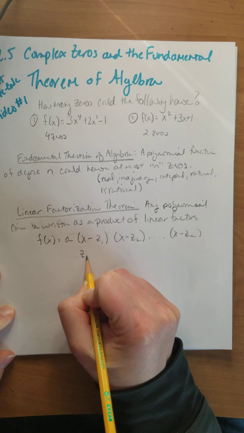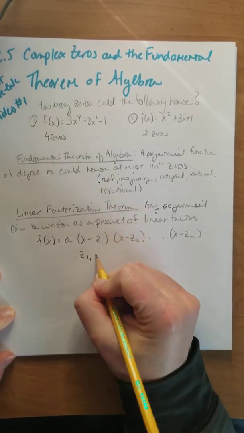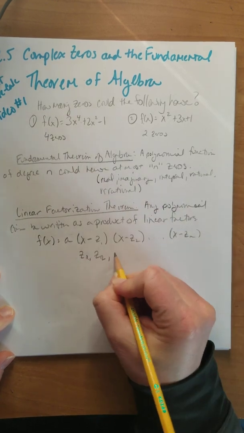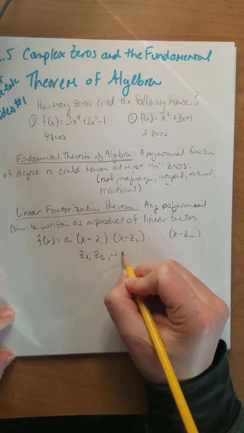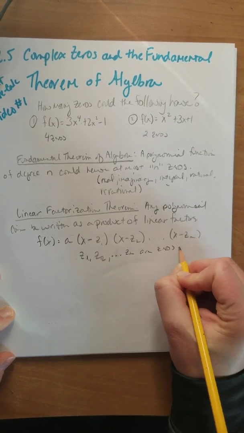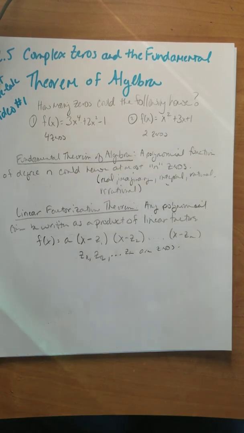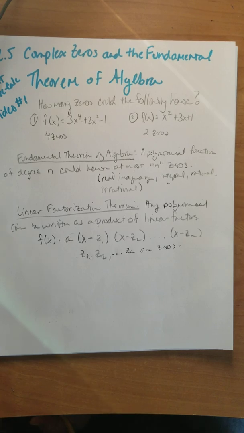And that'd be where z sub 1, z sub 2, and all of the other ones up to z sub n are zeros. Okay, and we'll get to all those. We've done those before, and I'll even take some things and rewrite them as products of linears.